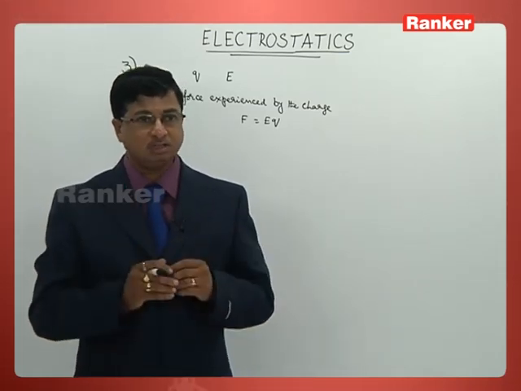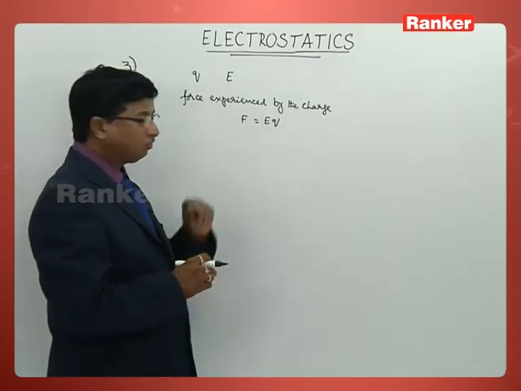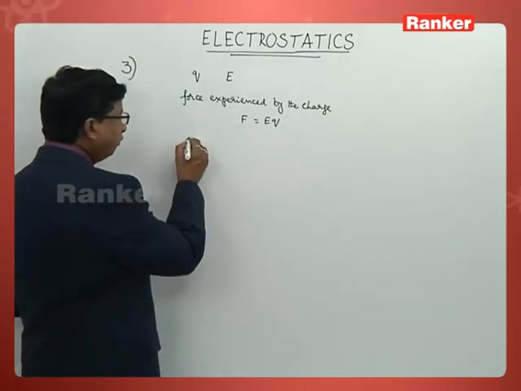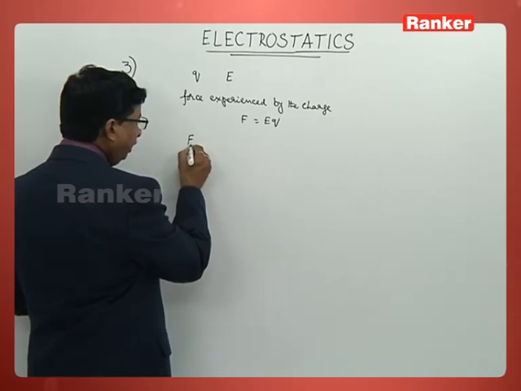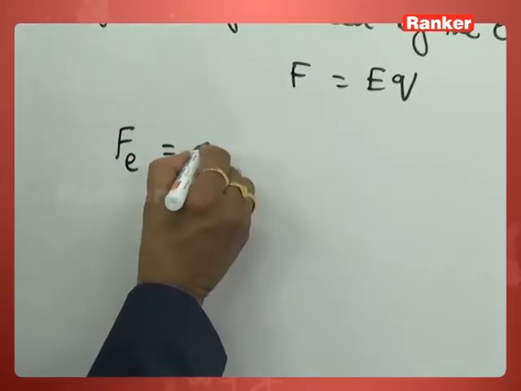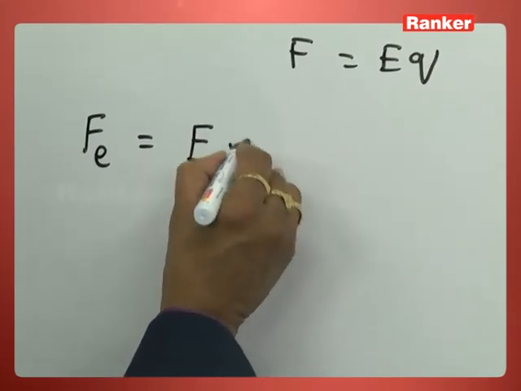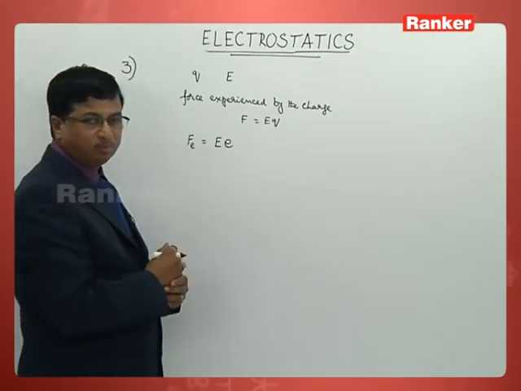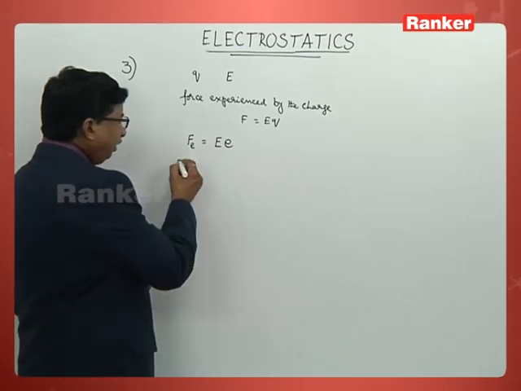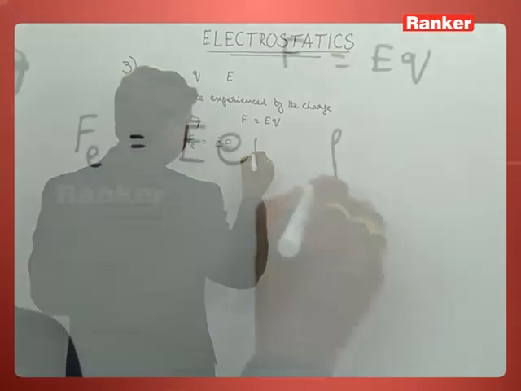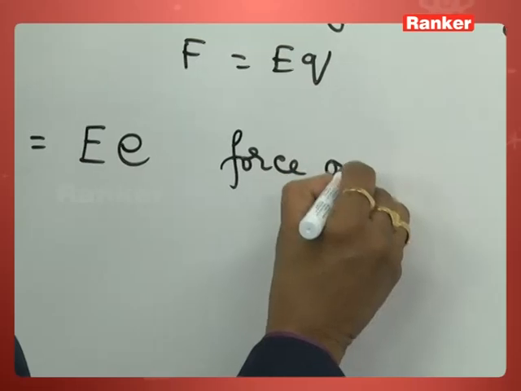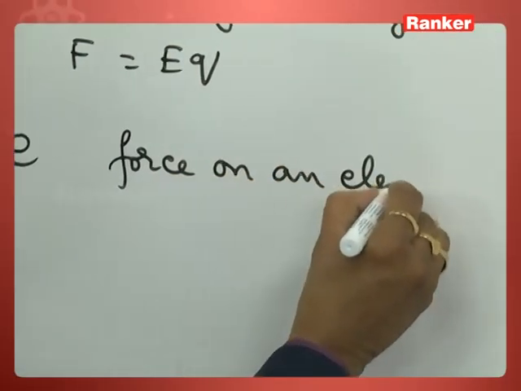That is the concept. So if you take this formula, what is the force experienced by an electron first of all? You can understand it is E into the charge on the electron, that is e. Exactly, this is the force on an electron.